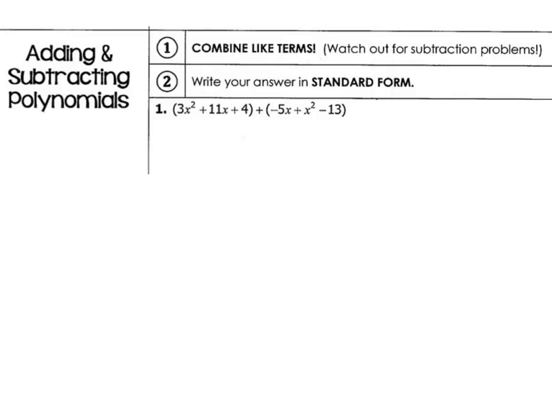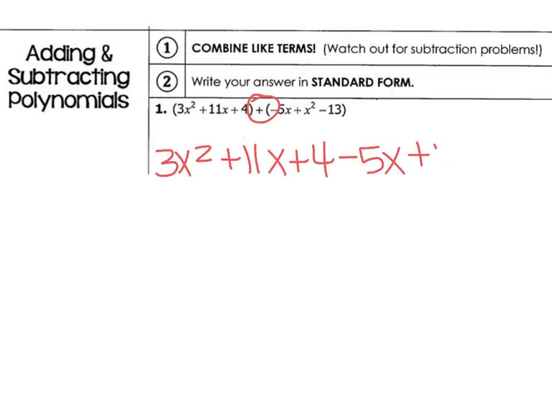So first thing we want to do, we can just drop all the parentheses because it's addition. So rewrite it as 3x squared plus 11x plus 4 minus 5x plus x squared minus 13. Now we just want to combine like terms. So look for the highest degree first.